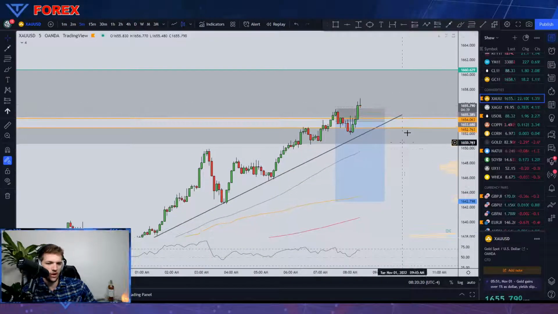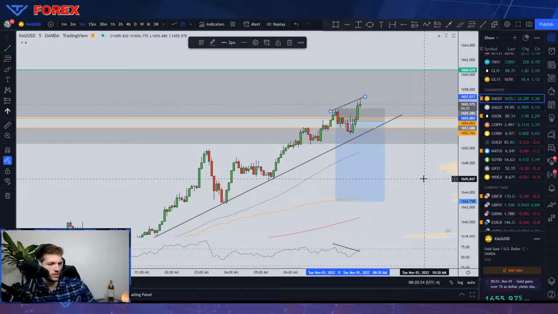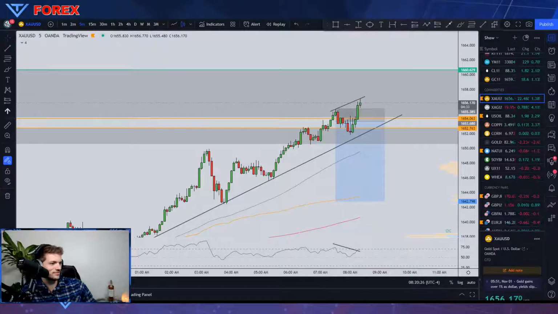I bet you it drops. Look at this divergence here, dude. I bet you this 820 volume is just about to tank it. It's due for a pullback, right? Right? Isn't it?